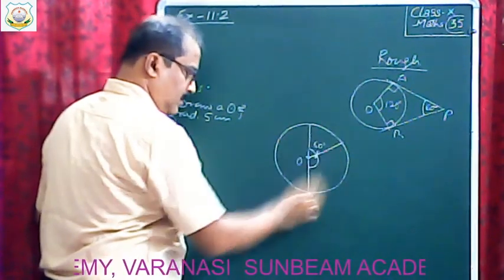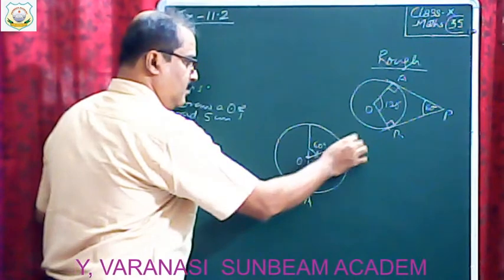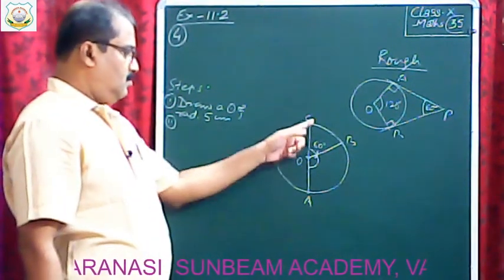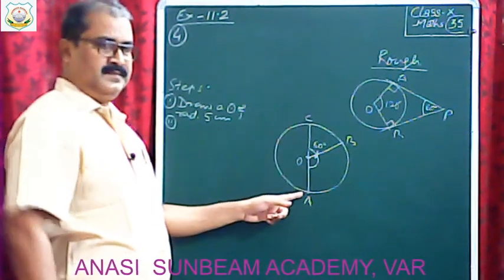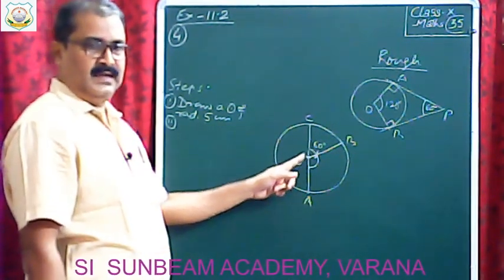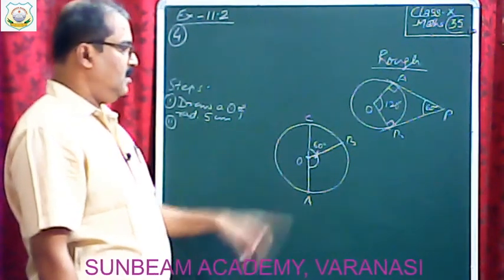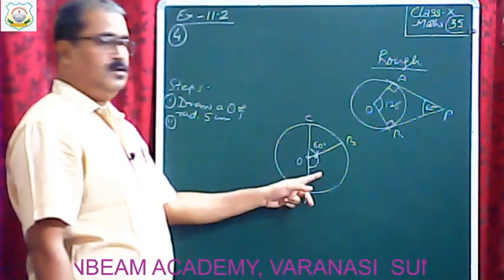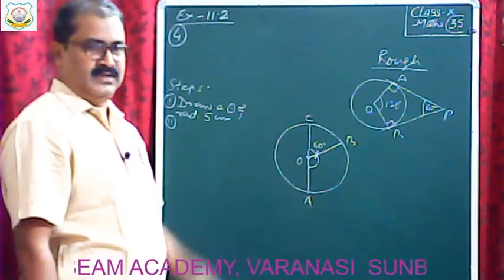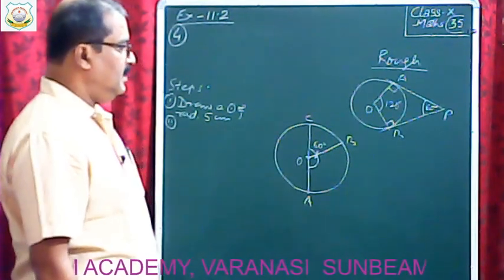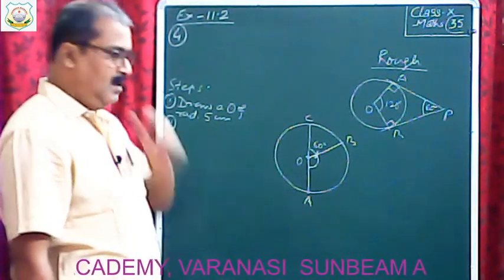Suppose it is A, B, C. So AC is the diameter, and we have drawn 60 degree taking O as initial point. The angle BOC equal to 60, then angle AOB equal to 180 minus 60, means 120. Angle AOB is 120 degree we get.